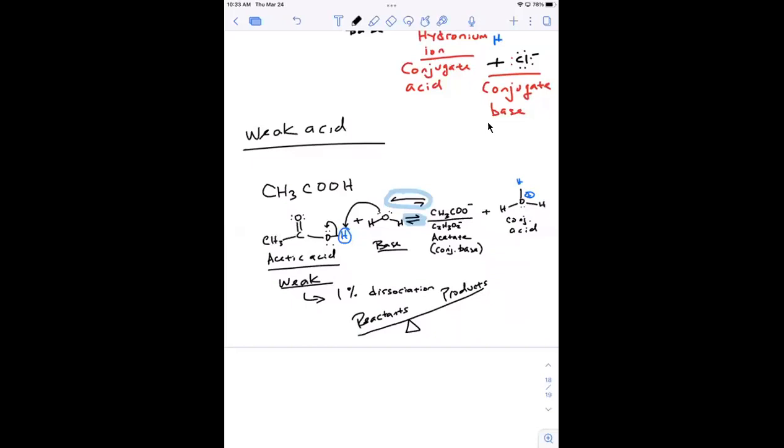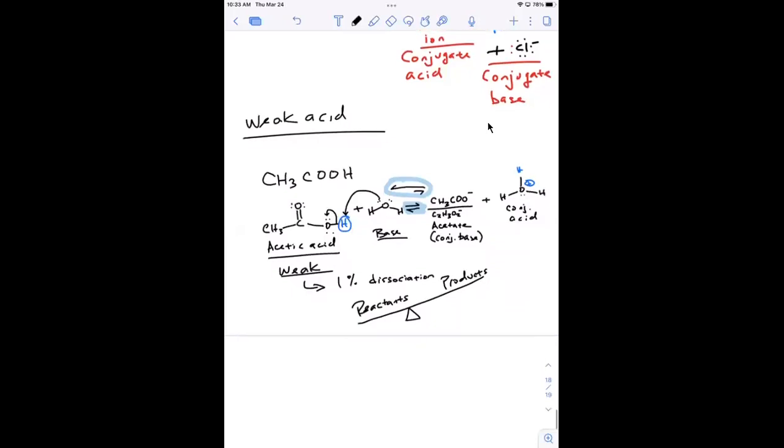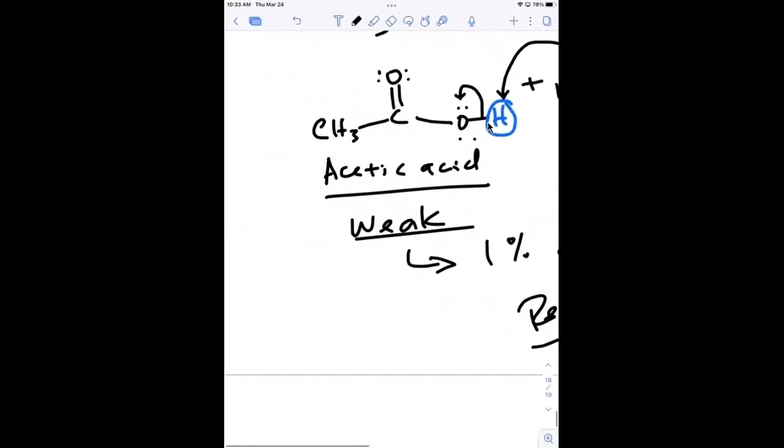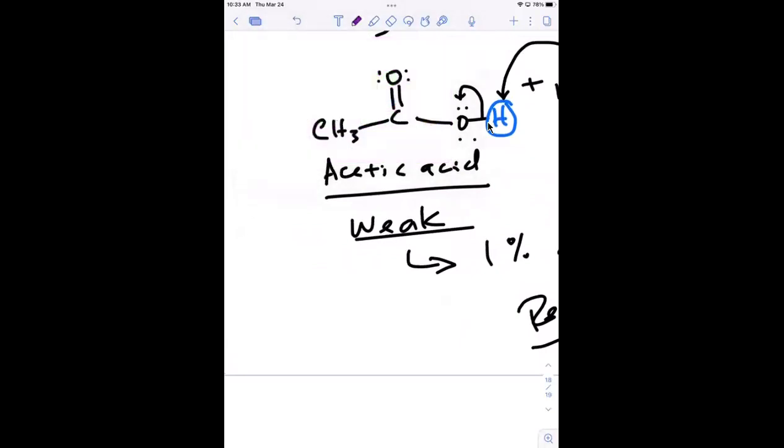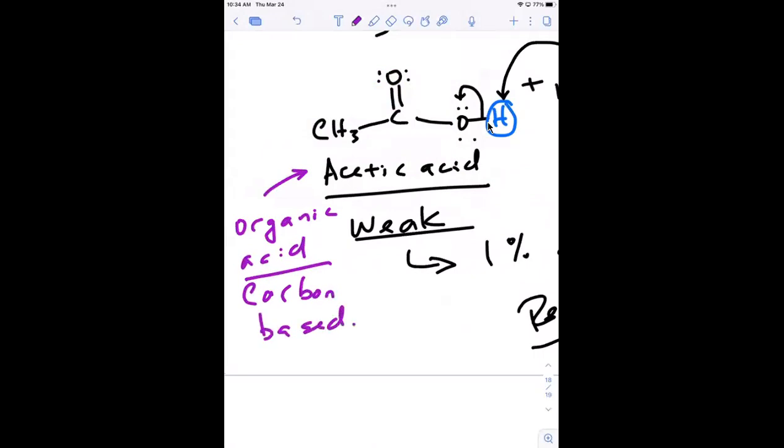One other little piece of information about acetic acid, since they gave it to us but didn't explain it: that is what we call an organic acid. What that means is that it's carbon-based, so the structure includes carbon.